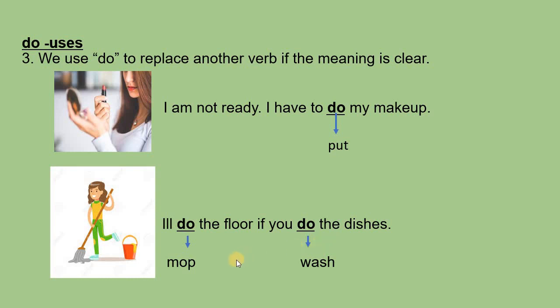So the person, in fact, really means that you wash the dishes and I'll mop the floor. Okay? And since that is obvious from the context, then we simply say do. I'll do the floor and you do the dishes.